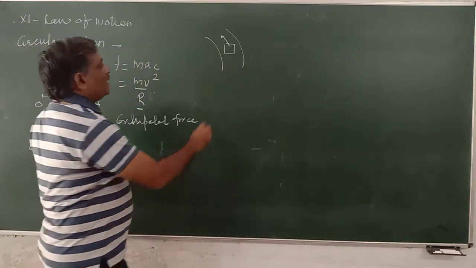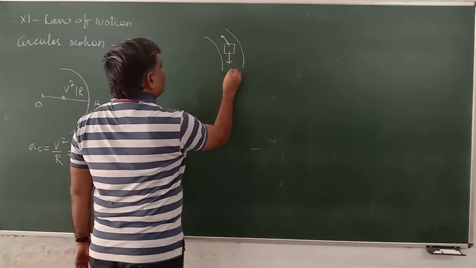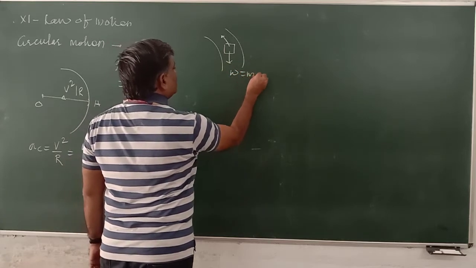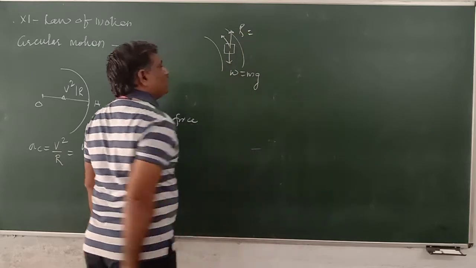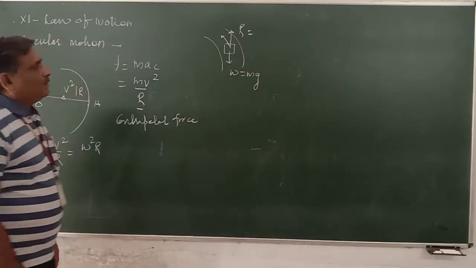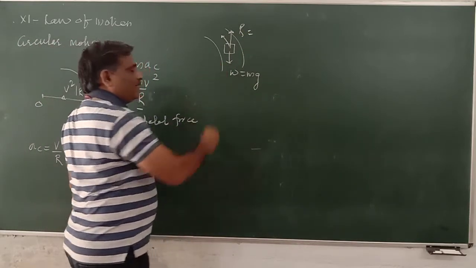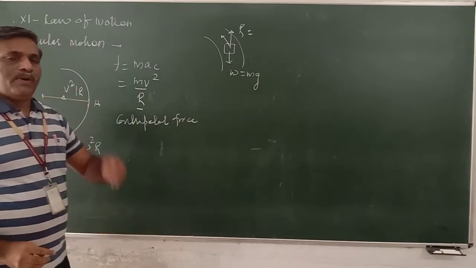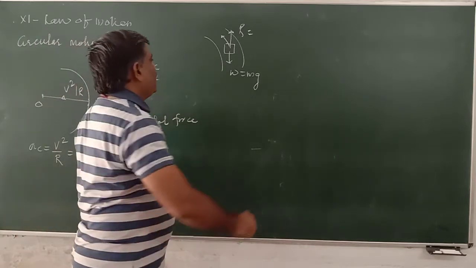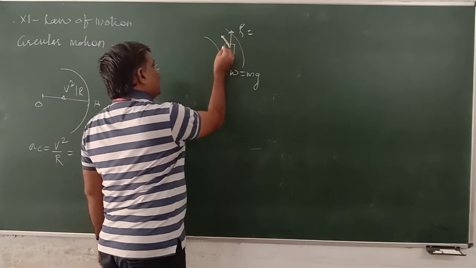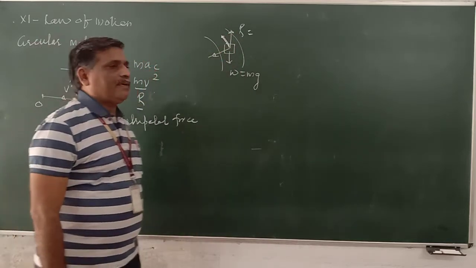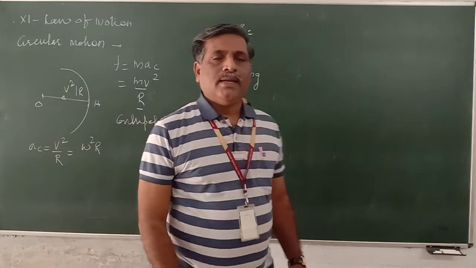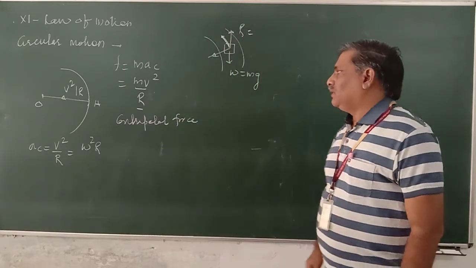The forces acting on it are weight, which is equal to mg, and the normal reaction. If it is at rest, then only the vertical forces are there. But whenever it is taking a turn, there is a centripetal force here.